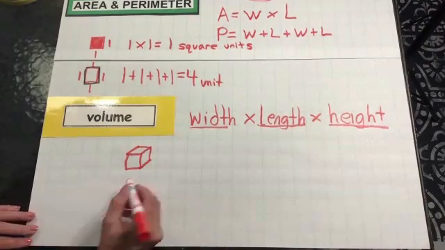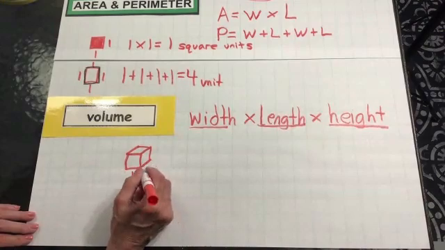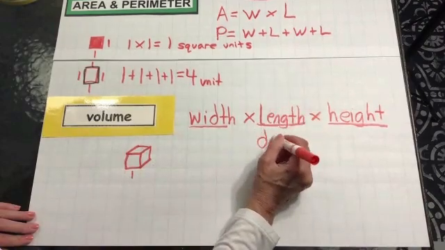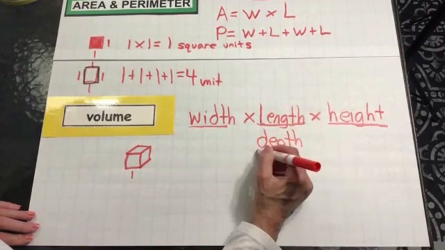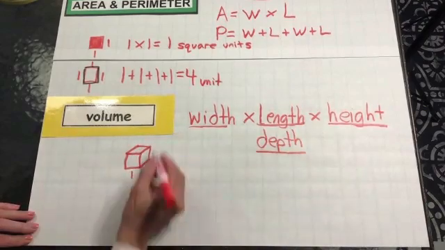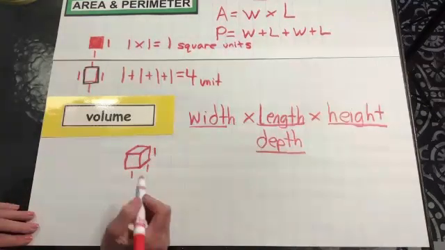All right, so this width is 1. This length or depth, so this can be depth as well. I like to do depth too. So write down the word depth so you know it can be depth, because that makes more sense. It's 1 deep, and then it's 1 tall. Width, depth, and height.